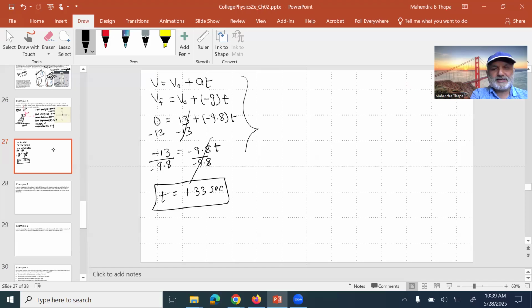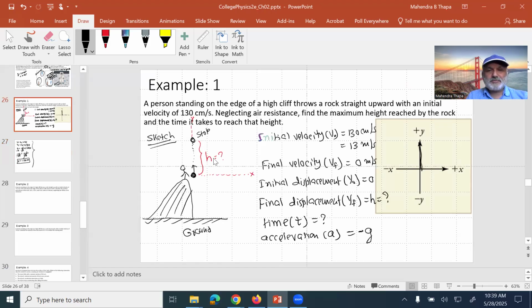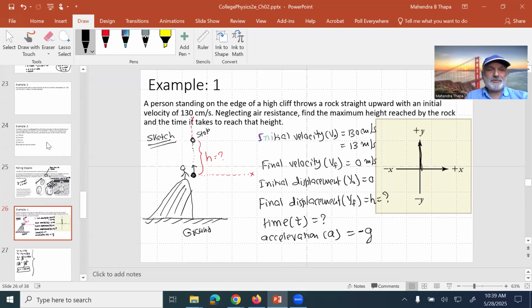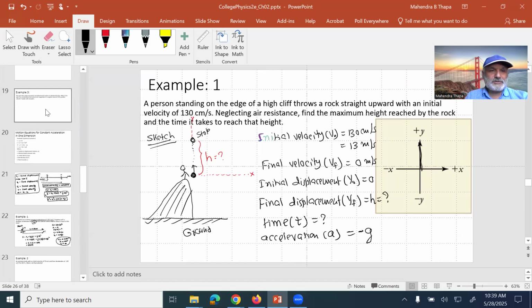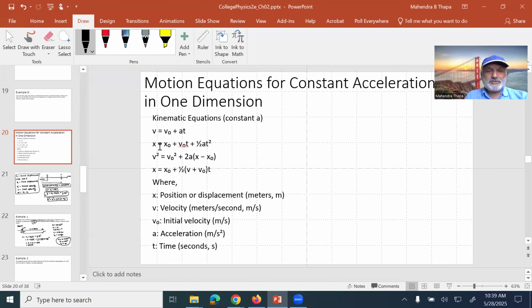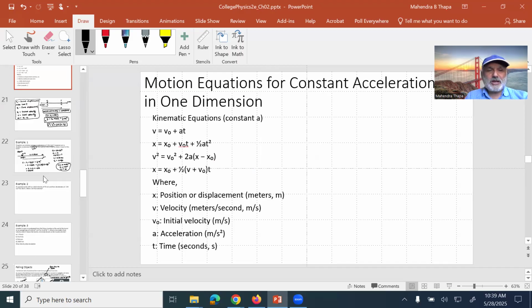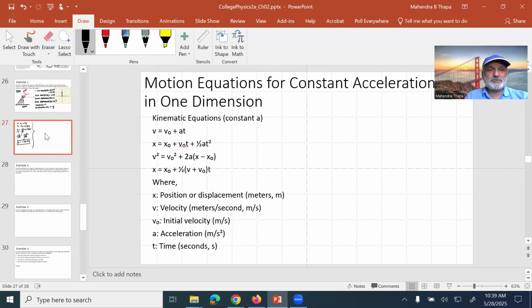Okay. Next, we want to figure out the height attained by the stone before reaching the top. So again, you can look at the equations and see which equation fits here. You can use the second one or third one because you have all the information required. So I will choose either of the equations to solve for that.